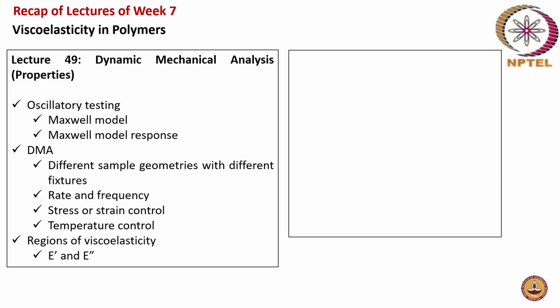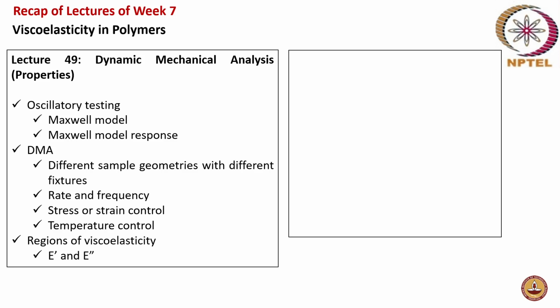This was followed by lecture 49, where dynamic mechanical analysis was explained in detail, with oscillatory testing and how the Maxwell model responds to an oscillatory input. When you give a strain input of oscillatory form like epsilon naught sine omega t, what will the stress output be? It will have both in-phase and out-of-phase components, right?